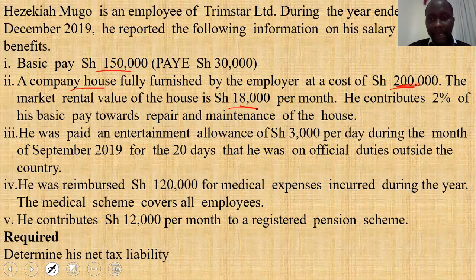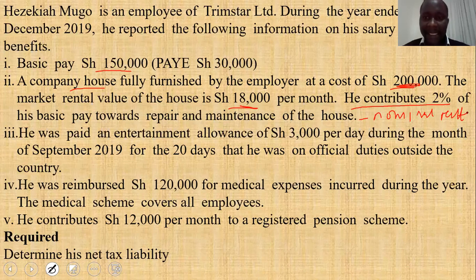Now, something we did not discuss last week is this issue of 2% that he contributes. There's something that is known as nominal rent. It applies in a case whereby you are housed by the employer, but the employer is charging you for that house that he has provided. But the amount that the employer is charging is really not equal to the value of that house. Like imagine you are given a house worth 40,000 shillings a month, and the employer is charging you 5,000 for staying in that house.